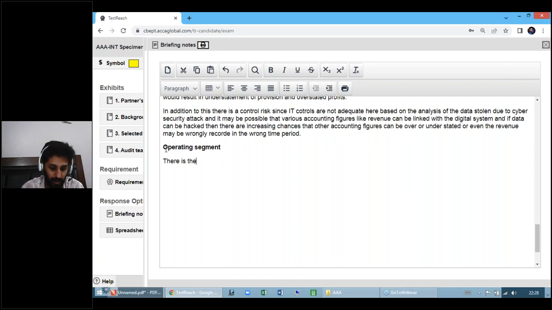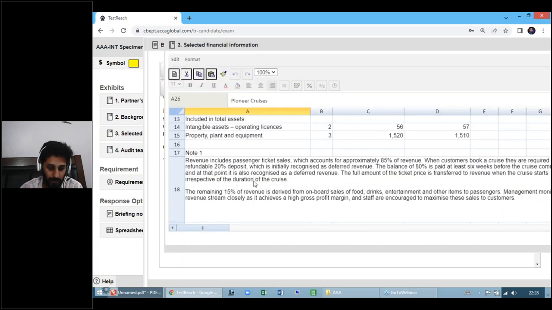There is the onboard sale of food, drink, and entertainment, whose revenue is 15%.